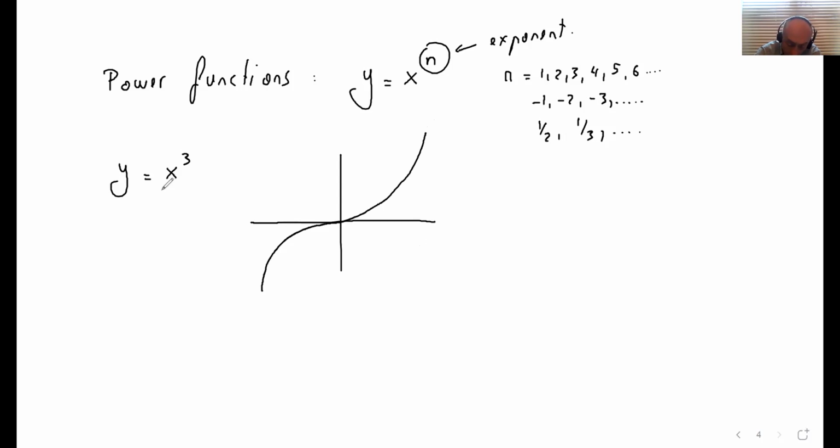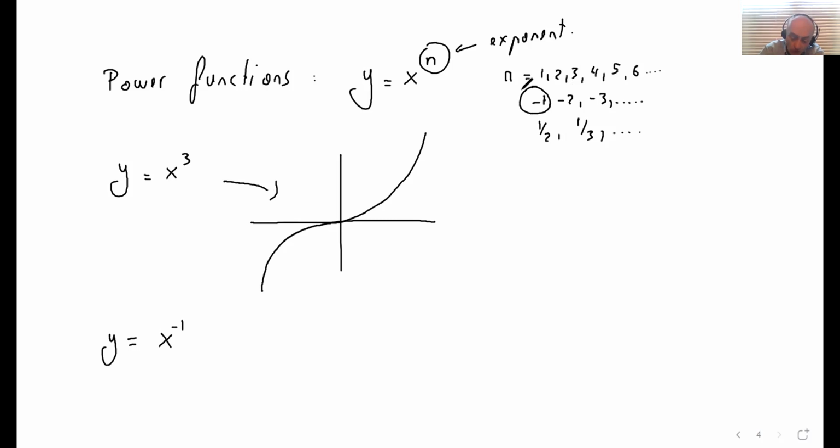All right, so this is the graph of y equals x cubed, and then you can move on and figure out various other graphs. I'm not gonna graph further because we're gonna use Desmos in a few minutes. But you also have functions like y equals x to the negative one. Negative one corresponds to exponent negative one here.